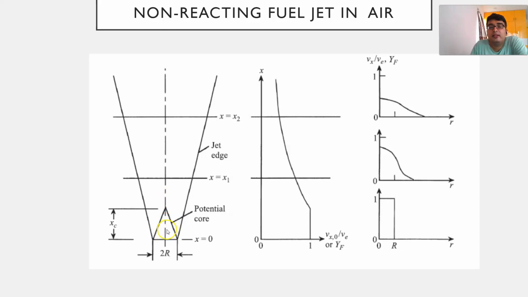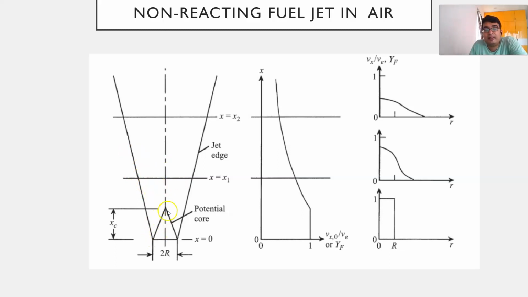Here the fuel has not felt the effect of air entrainment. Outside this region, the fuel is already getting mixed with the entrained air. This is where the mixing is happening, and the mixing region is expanding within the jet itself. Eventually this potential core drops off, and here the mixing process fully happens.